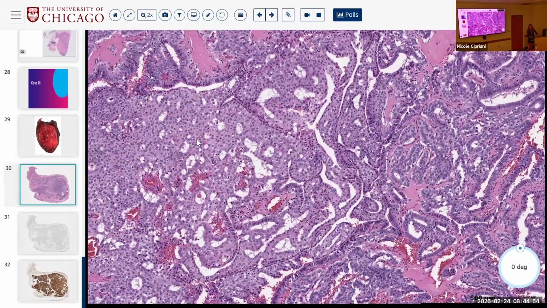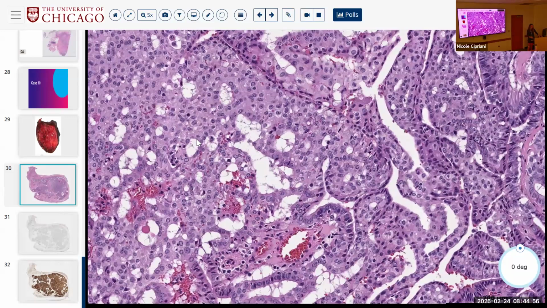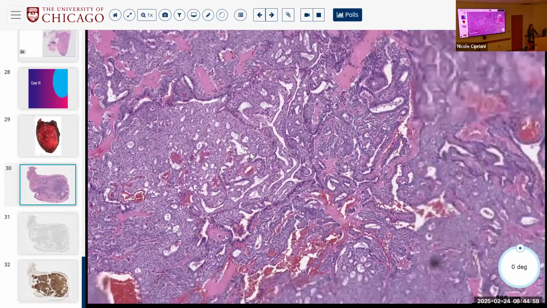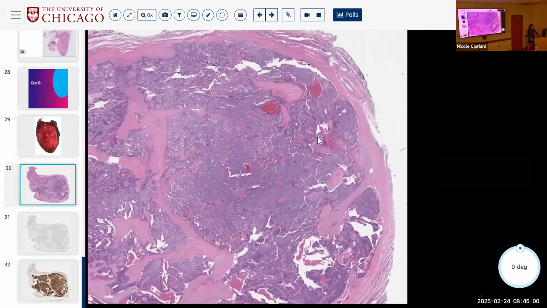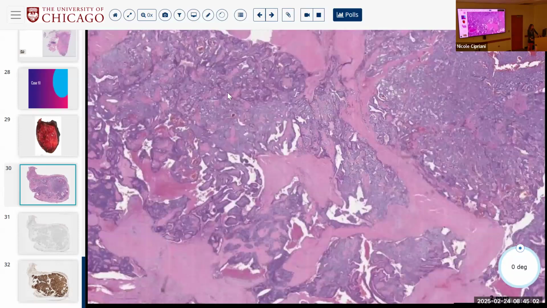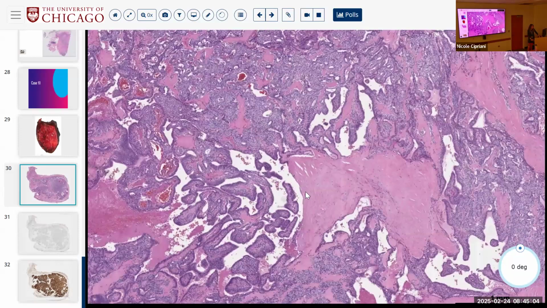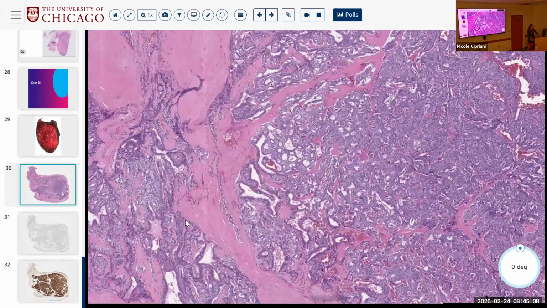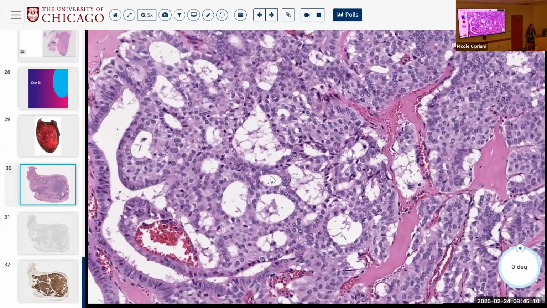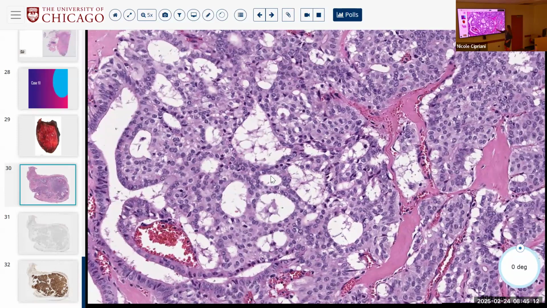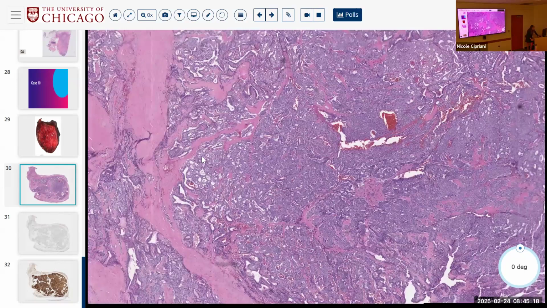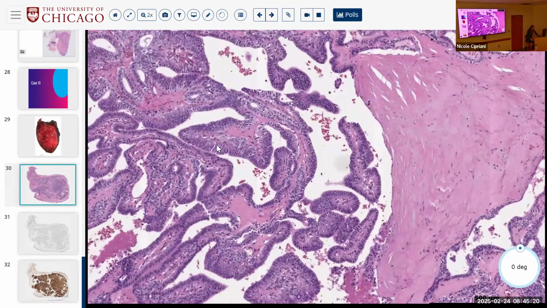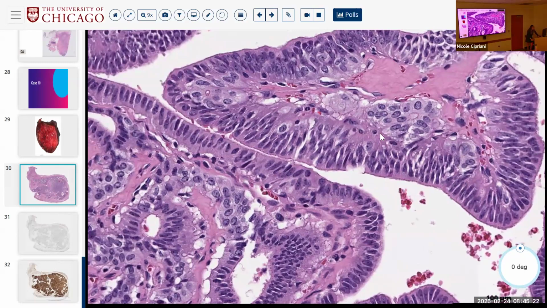So when it's organoid with punched out holes, that means cribriform, right? So that is cribriform morphology. I know it's not very robust here, but in areas like this, that's cribriform morphology, these back-to-back glands with punched out spaces. You also have some areas of papillae with these elongated nuclei.